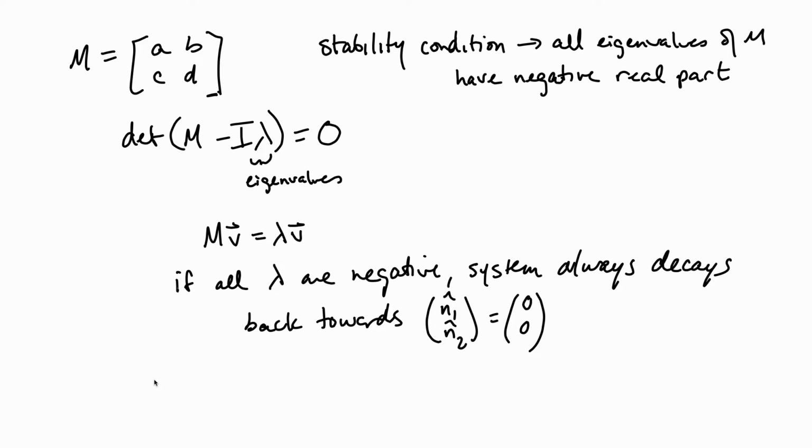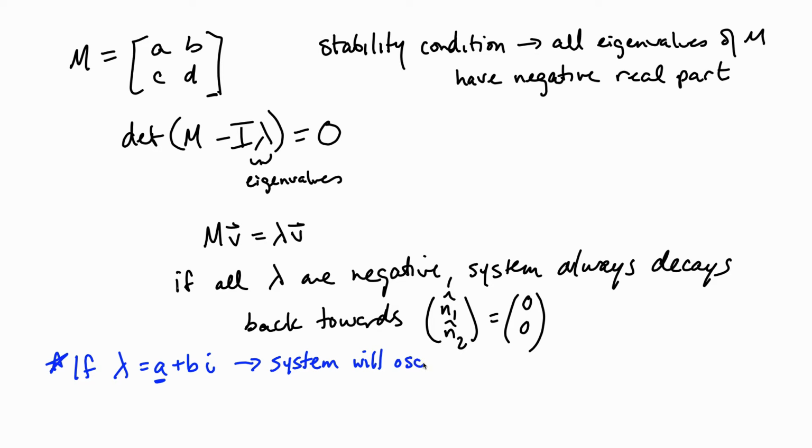I have two other things to say about this. Asterisk points. If the eigenvalues are complex, if the real part is negative, then the system is stable. But if the complex part exists, then the system will cycle towards the equilibrium.